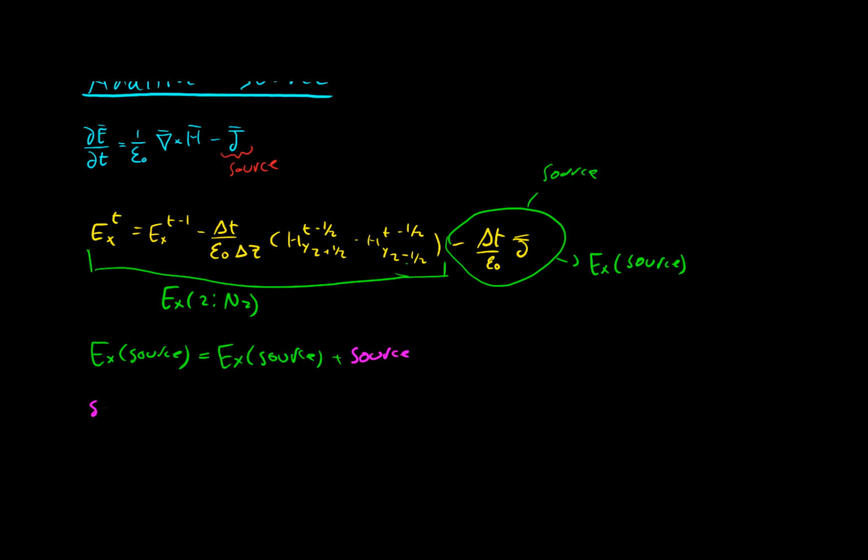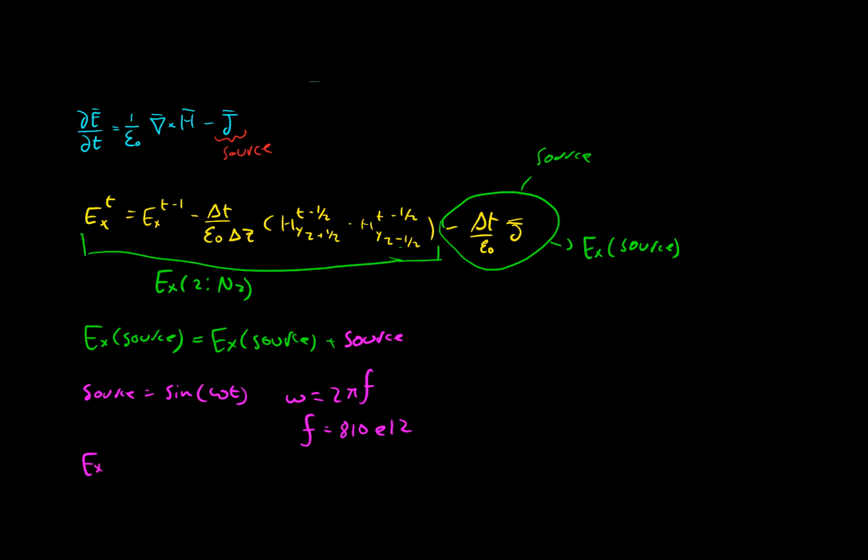But for now, source is going to be equal to sine of omega t, where omega is equal to 2 pi f. And f, I don't remember what f is exactly, but something like 810 E12. And that for now can be our source.